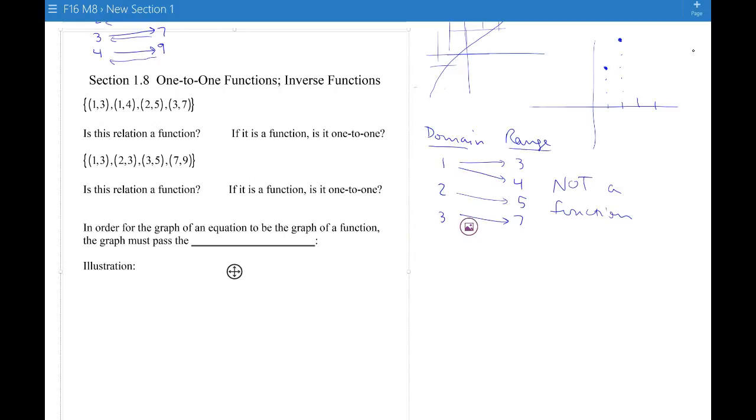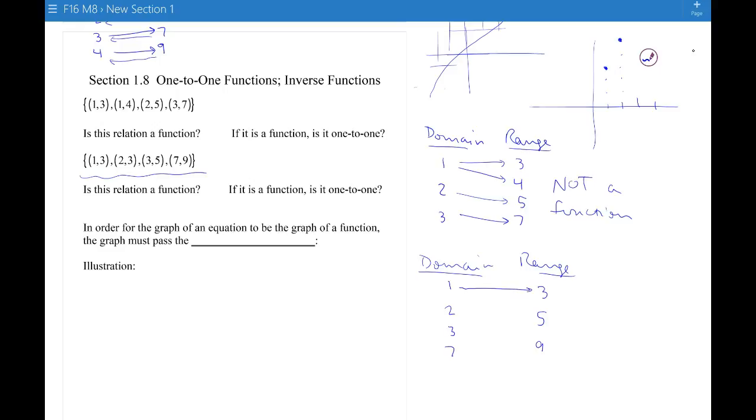So let's look at this next one. And I'm going to make a map again. I find it easier to visualize with a map. So my domain is 1, 2, 3, 7. My range is 3, 5, 9. 1 goes to 3 and 2 goes to 3. 3 goes to 5 and 7 goes to 9. So this is a function.